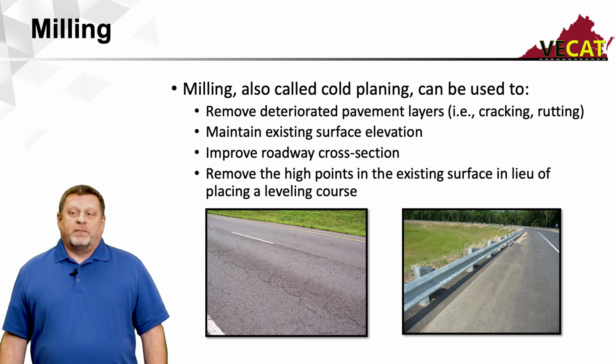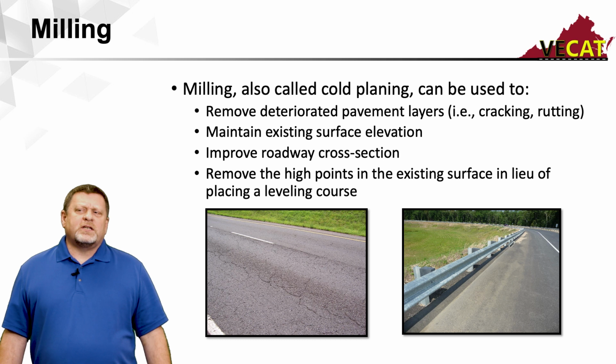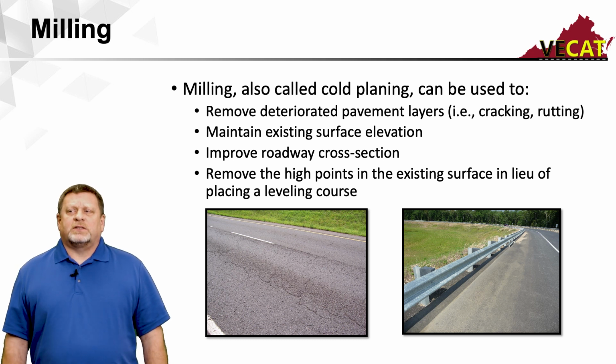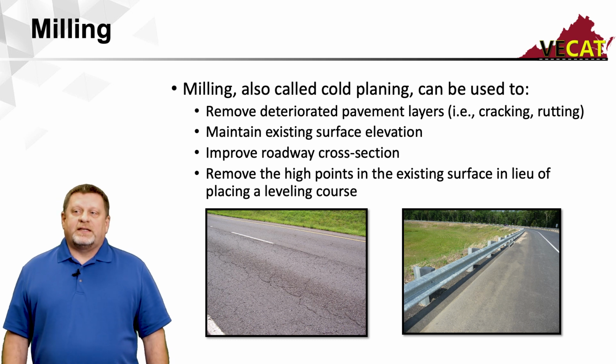So in order to maintain the proper cross slope and elevation, you'll need to mill so that the new overlay would tie into that drainage drop inlet. Another reason could be to remove high points in an existing surface. This would be done in lieu of placing a leveling course. This again ties in with maintaining the proper cross slope of a roadway.